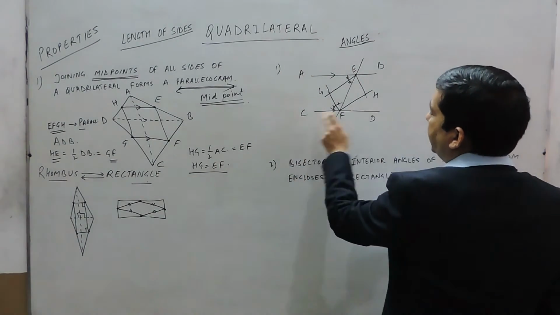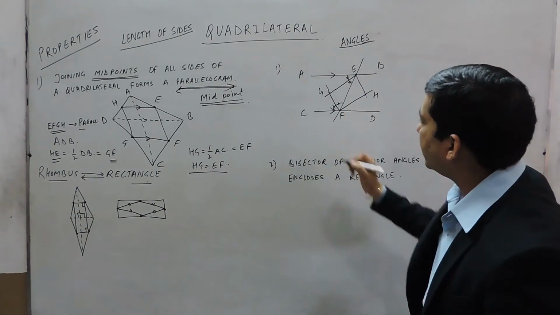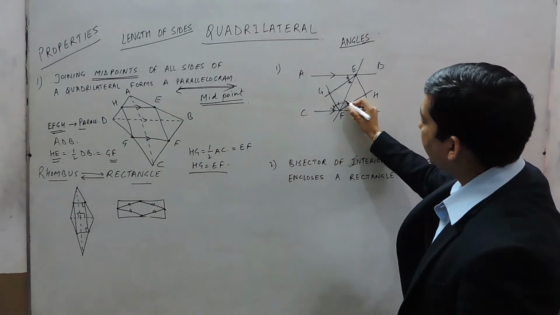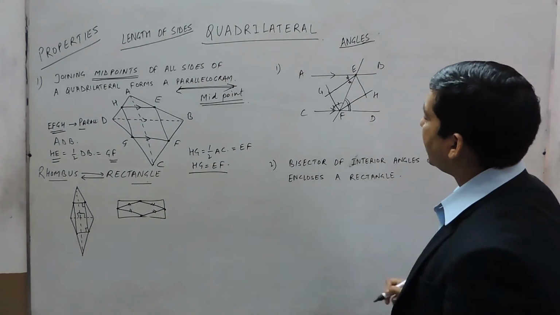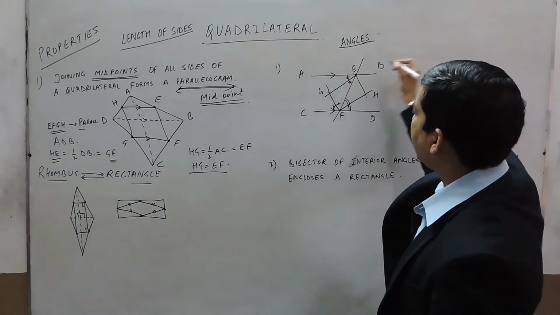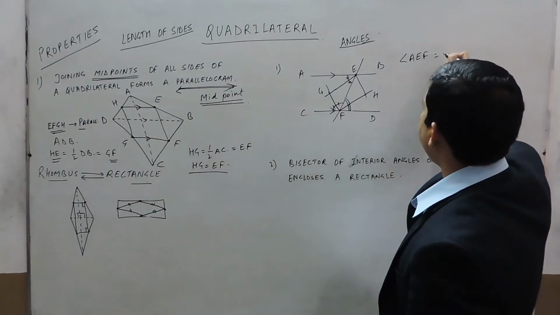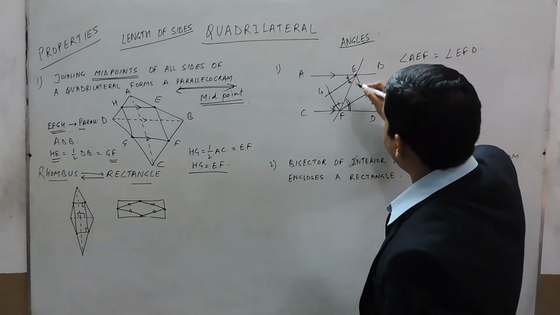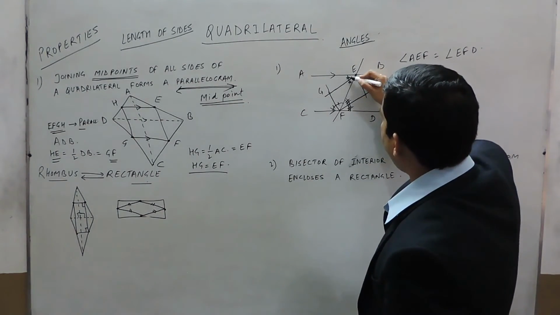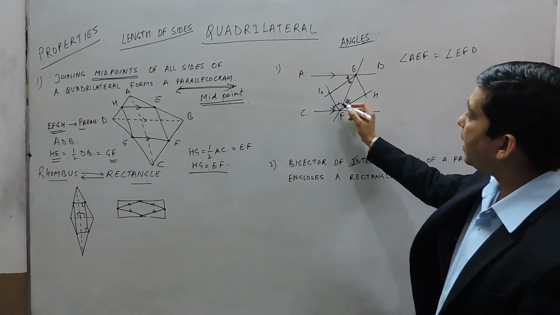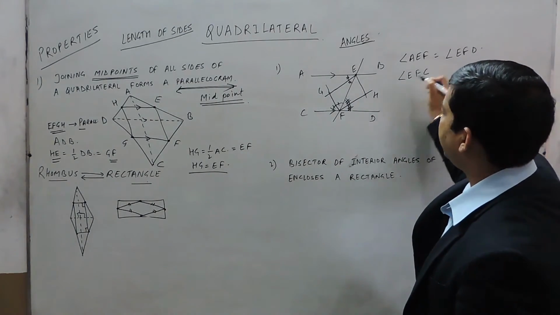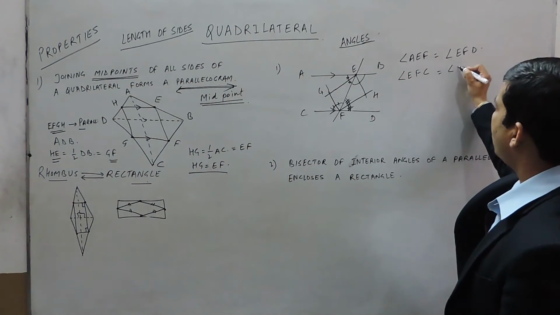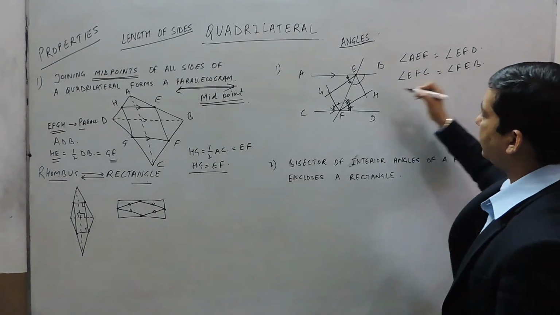Suppose it is given that AB and CD are two parallel lines and there is a transversal passing through the points E and F. If we go for the bisectors of the internal angles, here we know that angle AEF is equal to angle EFD. And if we go for the bisector, then we know that these two angles are equal and these two angles are equal. Same way, angle EFC, this complete angle, is equal to angle FEB, this angle.